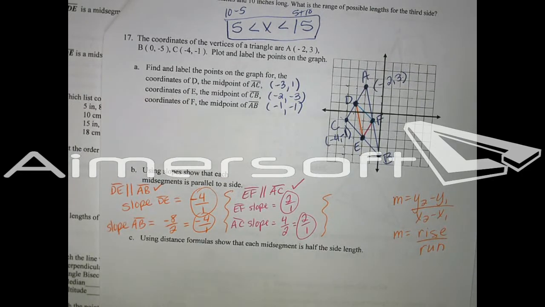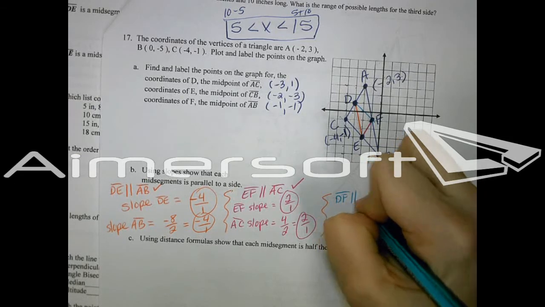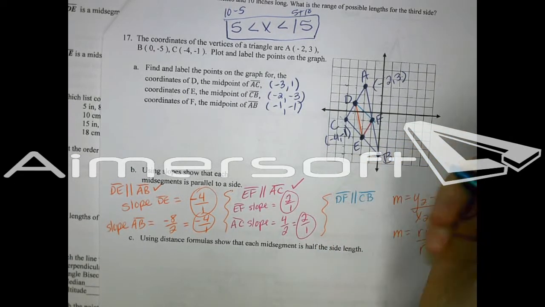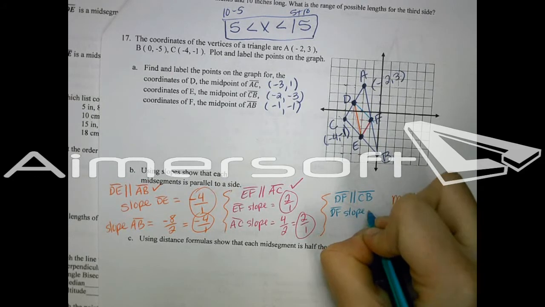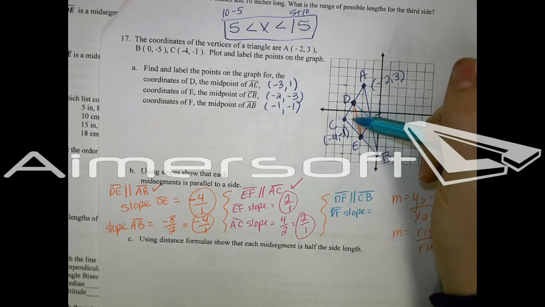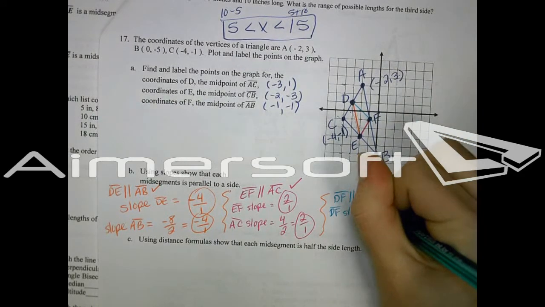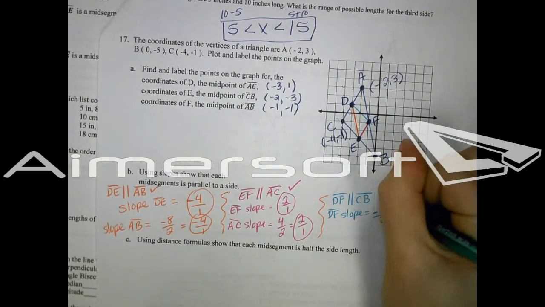The last one, I want to check that DF is parallel to CB. So DF, slope, for rise over run, rise means go either up or down. If I'm going to F, I'm going down 1, 2 over 2, down 2 over 2, which reduces to negative 1 over 1.